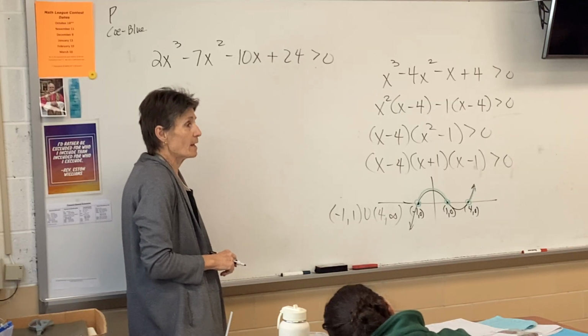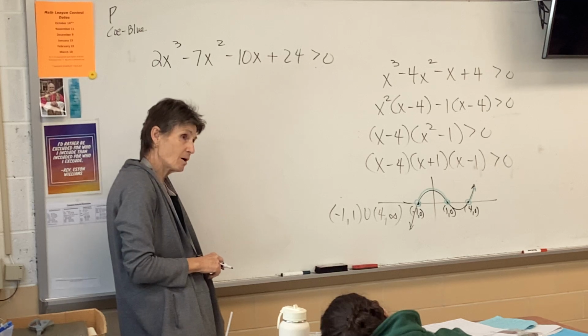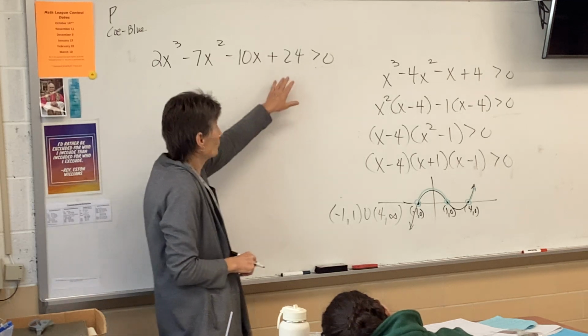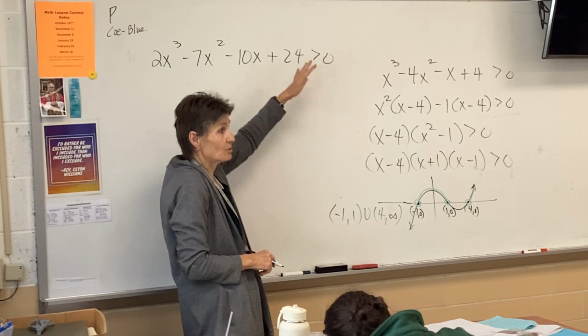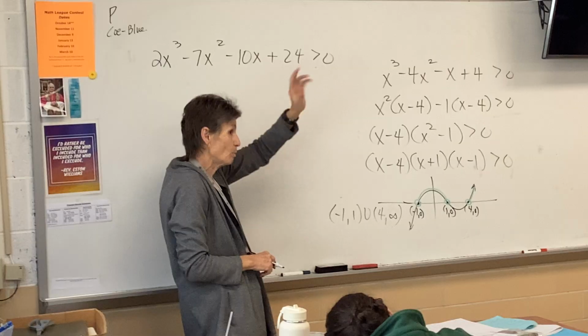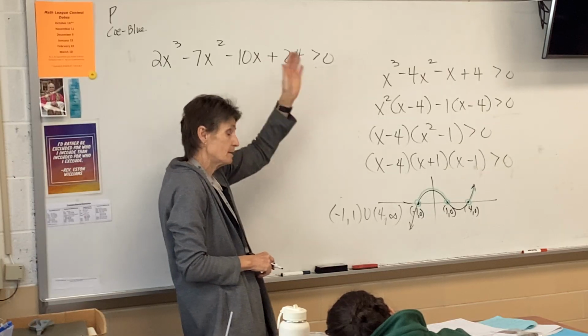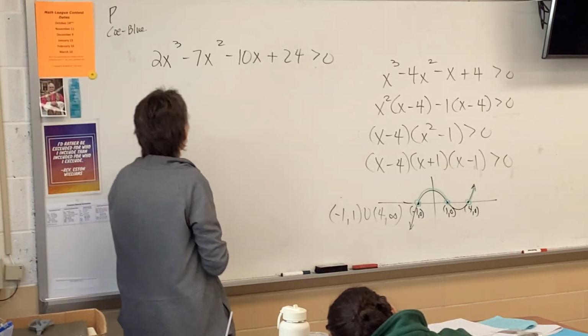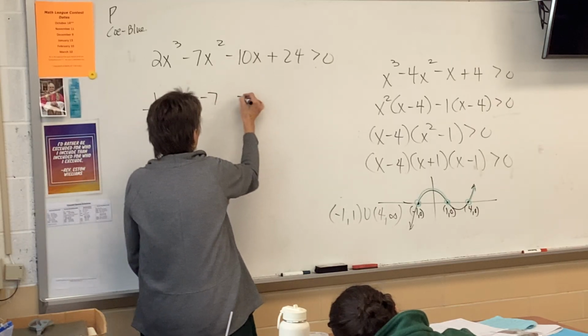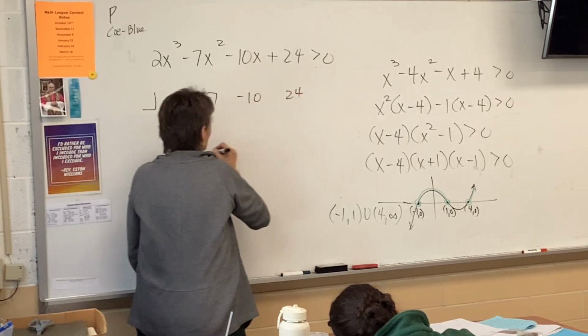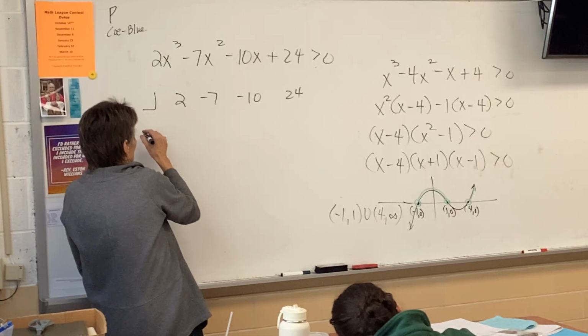And there are a lot of PRRs because 24 has a lot of factors. So certainly you're going to do 1 and 2 and 3, -1, -2, -3, 4. I mean, I don't know. What do you want to try? Let's try 2.